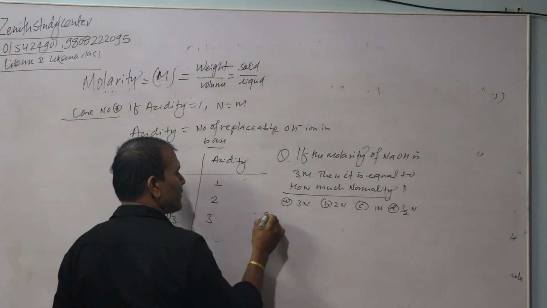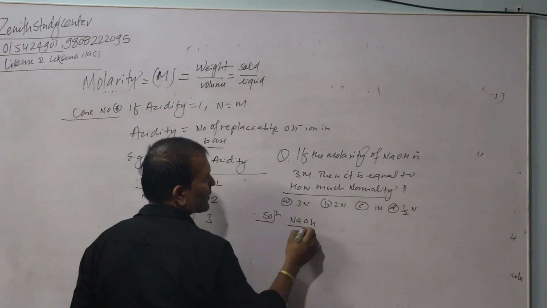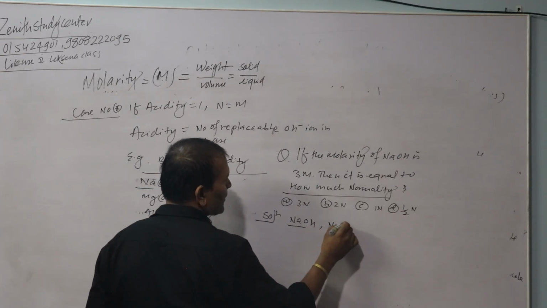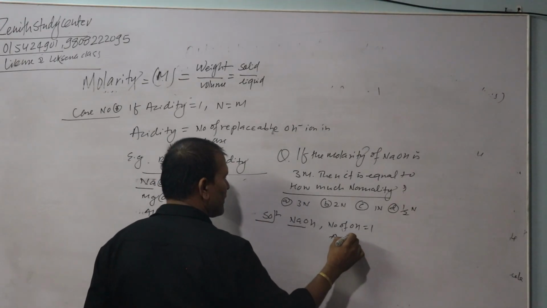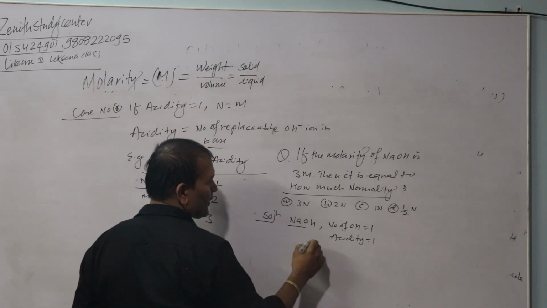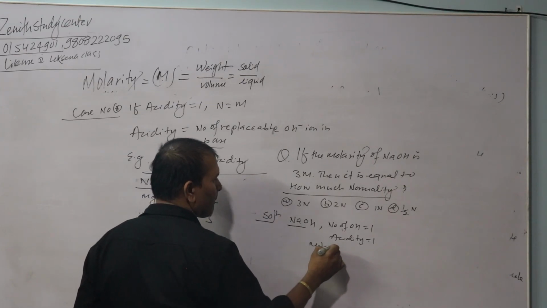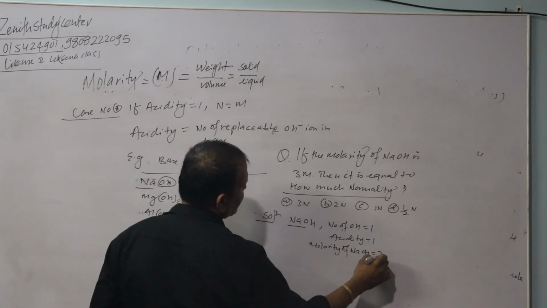So what is the solution? NaOH: the number of OH, hydroxide ion, is 1. Acidity is equal to 1. The given molarity of sodium hydroxide is 3 molar.